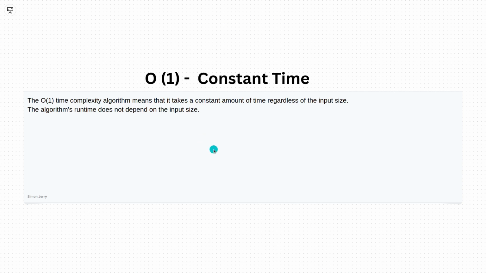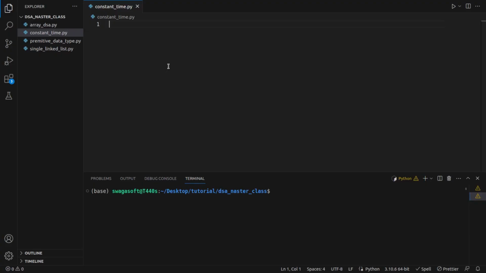Now let us see some code examples. I am currently in VS Code, and you can see I have created a file called constant time. We want to look at some code examples of O of 1. The first one is the sum of two numbers.